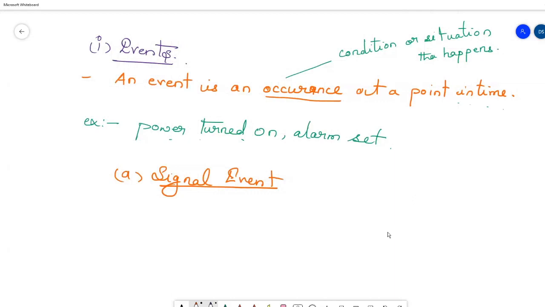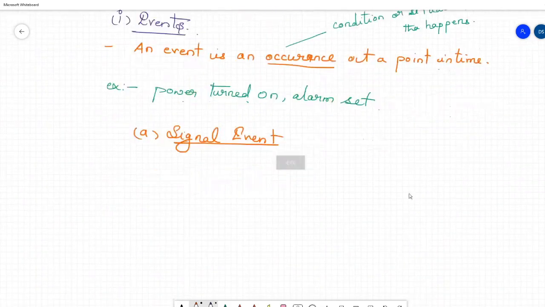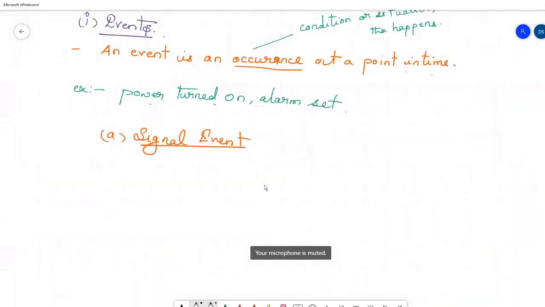Signal event is, as we are saying, event means external action. In this, when there is a one-way transmission of information from one object to another, that is called a signal event. Signal means some signal has been sent.